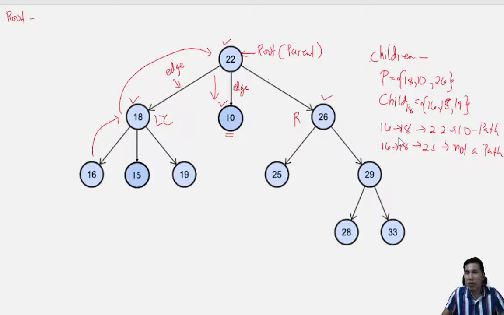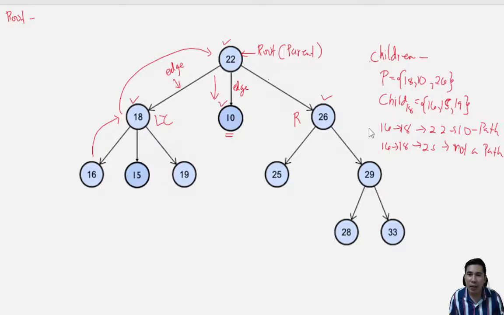There is also what we call path length. Path length is the number of edges connecting the sequence of the path. So we have here one, two, three.